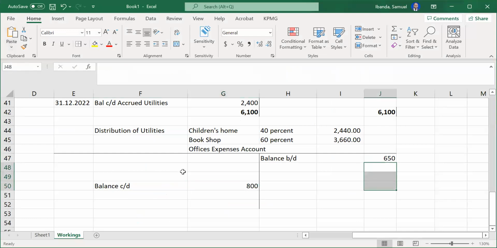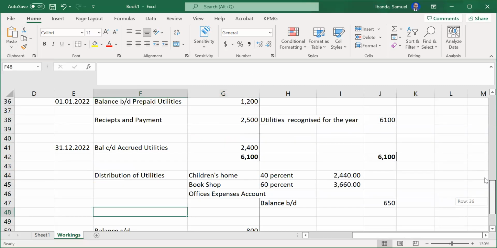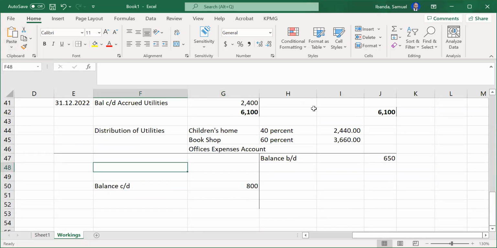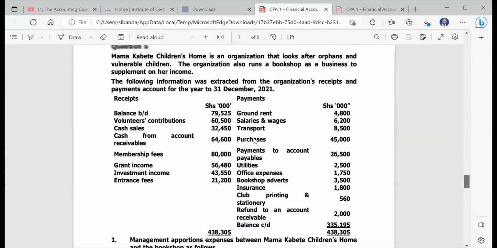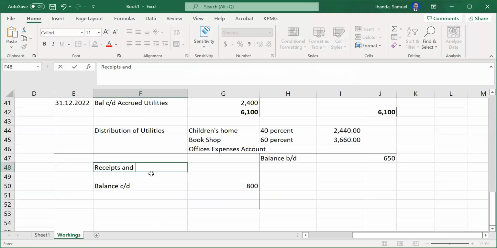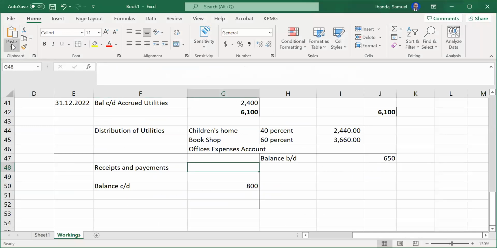What increases, what reduces? Remember we said that anything in the receipts and payments is debited. So I'll just go to my receipts and payments and pick that value that is there. Payments for office expenses is 1,750. So I'll just come here, say receipts and payments, that.